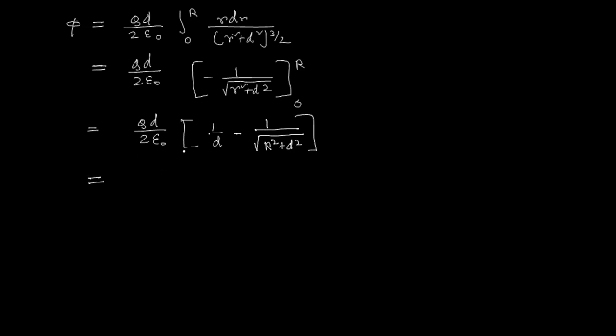And if you multiply this d with the bracket term, what you'll get? You'll get finally q divided by 2 epsilon naught times 1 minus d divided by under root of r square plus d square. So that will be the total flux through this circular loop because of this point charge.